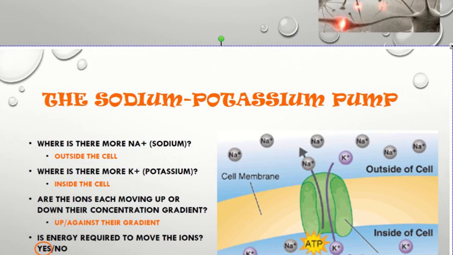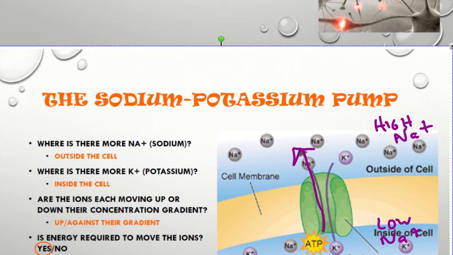So when we look at the sodium-potassium pump, what you'll see in this picture is there is a higher concentration of Na plus outside the cell. There is a lower concentration of Na plus inside the cell. So we are going from low to high. So Na plus wants to move out of the cell.